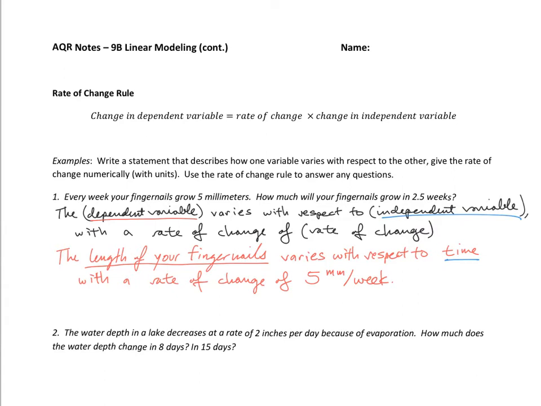Let's take our rate of change, 5 millimeters per week, and we multiply it by 2.5 weeks. The units here for the weeks will indeed cancel each other out. So they will cancel. And we are left with 5 millimeters times 2.5, which would be 12.5 millimeters.